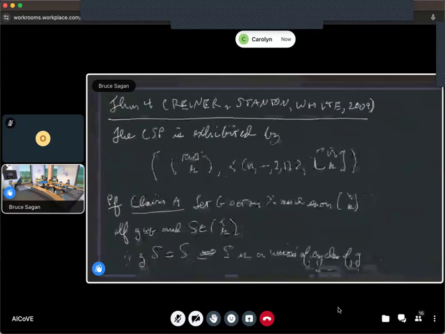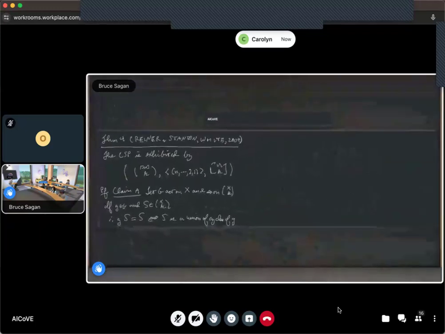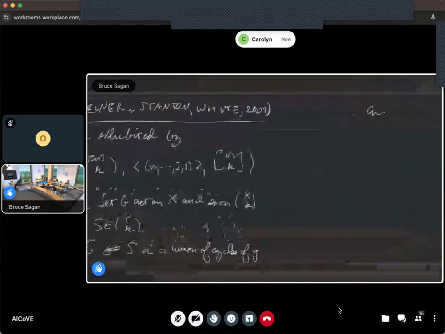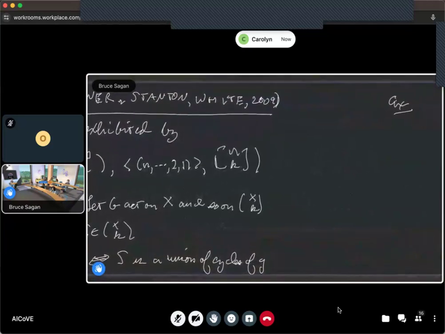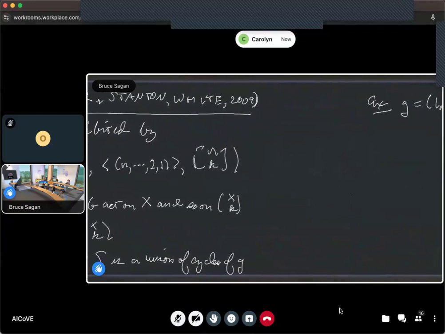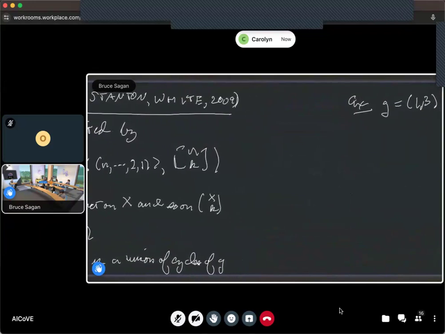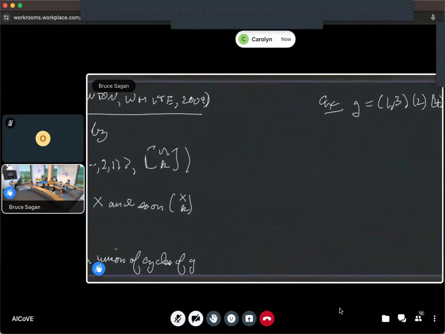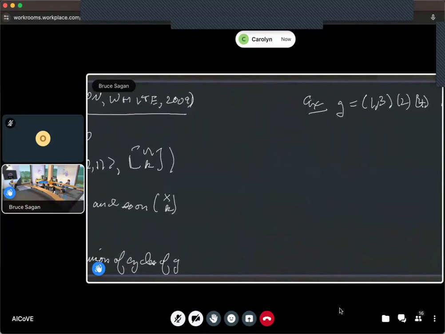I think an example will make clear what I mean. Suppose I have g being this group element in S4, and suppose I'm looking at it as acting on the two-element subsets of 1 through 4.